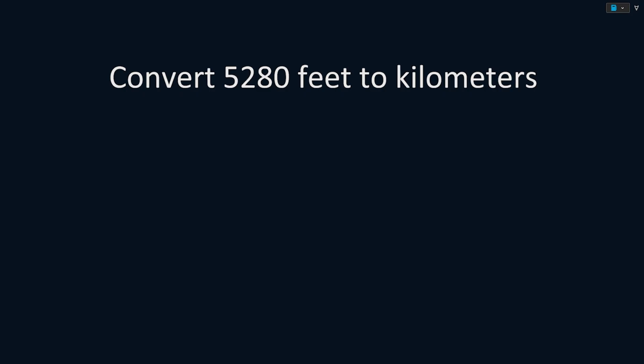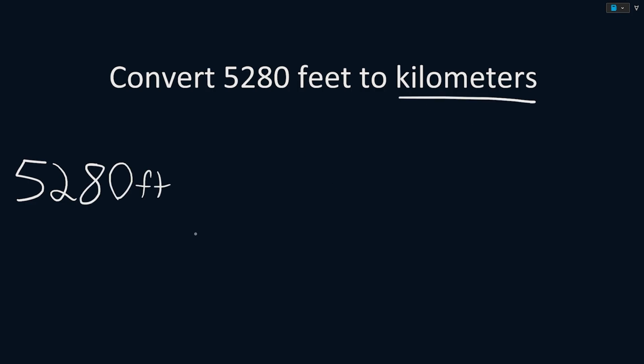Convert 5,280 feet to kilometers. We were given 5,280 feet, and we want to convert them to kilometers. First, we'll multiply through our conversion factor that relates feet to inches. We know that 12 inches is equal to 1 foot.